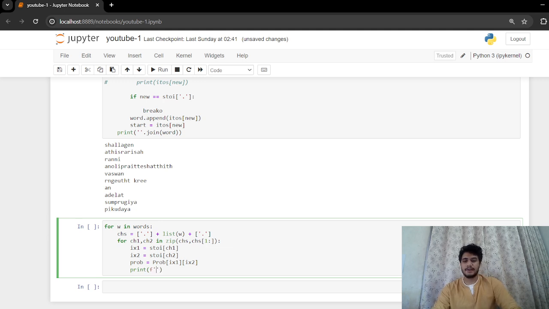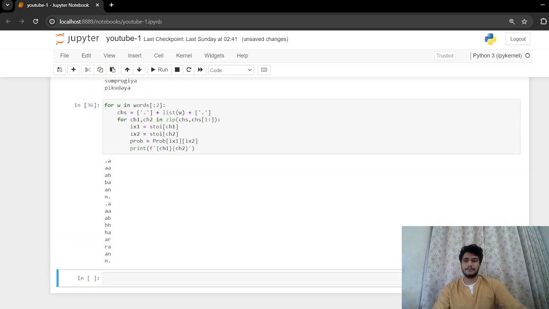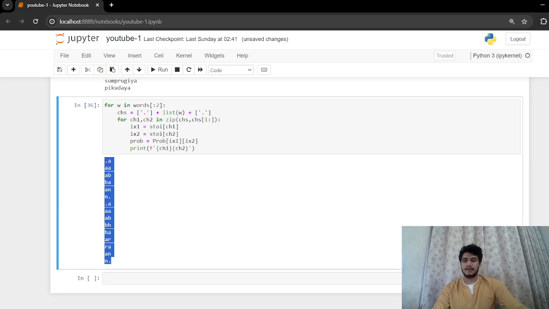This is called an f string, and here I want to print ch1 and ch2. So let me first print just ch1 ch2 for, let's say, 2 words. Now you can see that we have all the characters in the first 2 words printed.